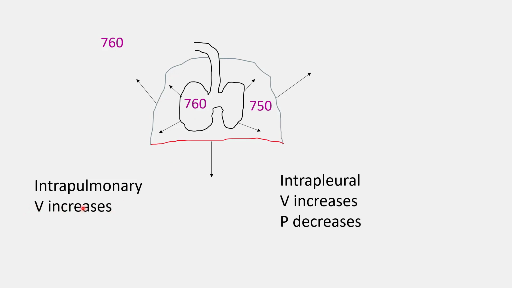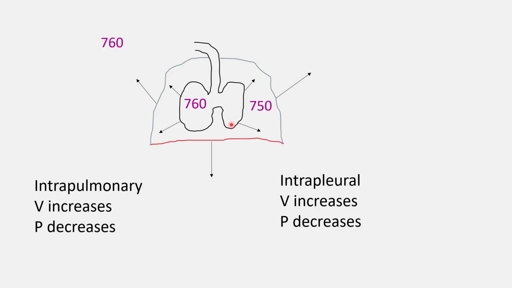The volume of the lungs themselves increases. And if the volume increases, what's going to happen to the pressure? It's going to decrease. The pressure inside the lungs, the intrapulmonary pressure, is going to decrease because the volume increased.